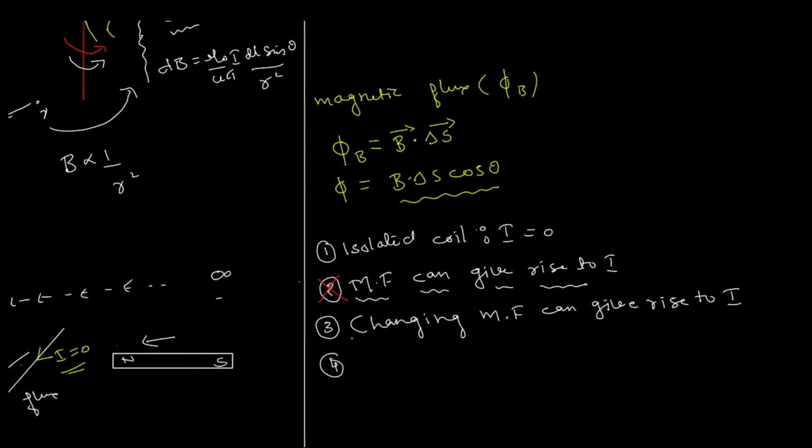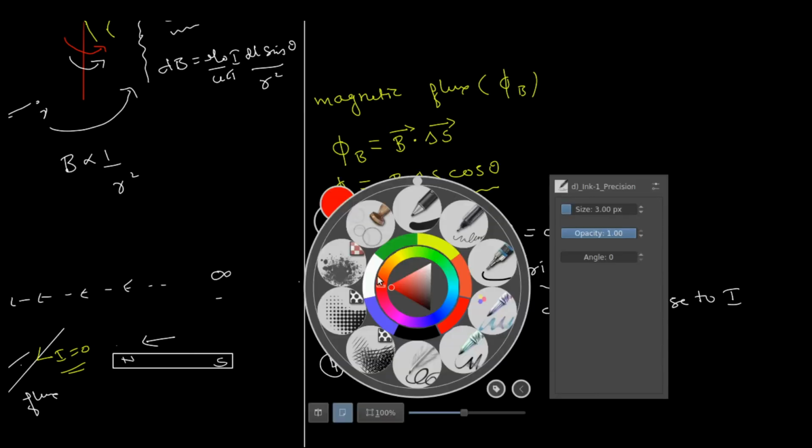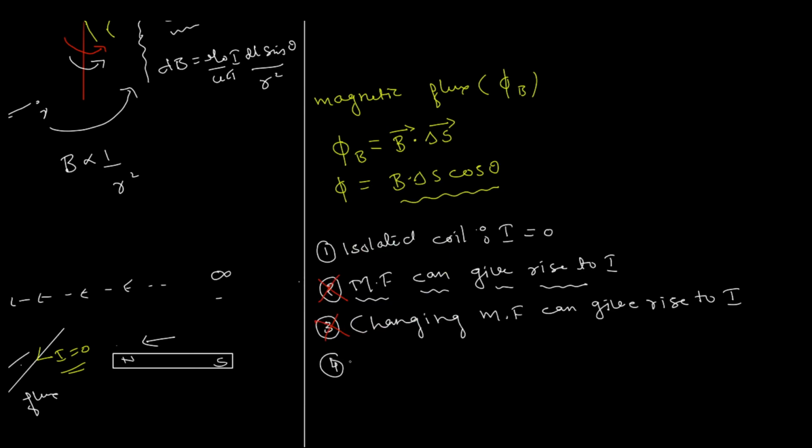So eventually, as it turns out, even this statement is wrong, and that brings us to a final conclusive statement: that changing magnetic flux, not field, can give rise to current. Okay, so obviously in the case of an isolated coil, current is 0, that is pretty obvious, but magnetic field can give rise to current.